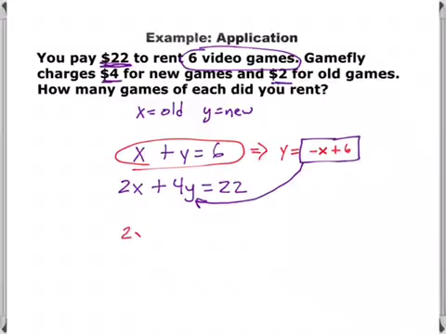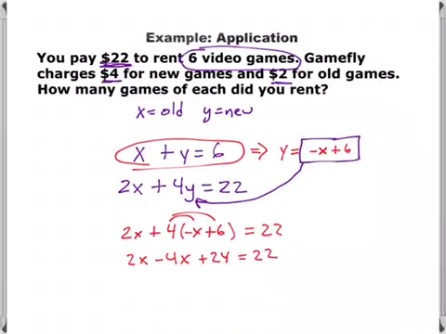So now my equation becomes 2x plus 4 times negative x plus 6 equals 22. I distribute, so 2x minus 4x plus 24 equals 22. Combine like terms, you've got negative 2x plus 24 equals 22.